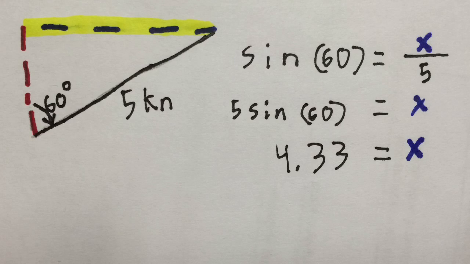In this case, our theta is 60, and our hypotenuse length is 5. You multiply each side by 5 in order to give us 5 sine of 60 is equivalent to x. In this case, 5 sine of 60 simplifies to 4.33. We now know that the current pushes us from left to right 4.33 kilometers for every hour.